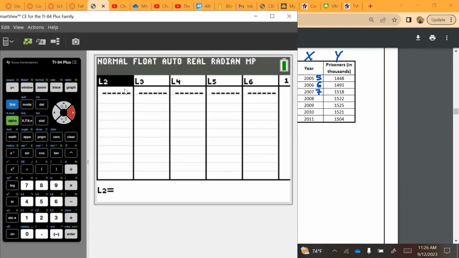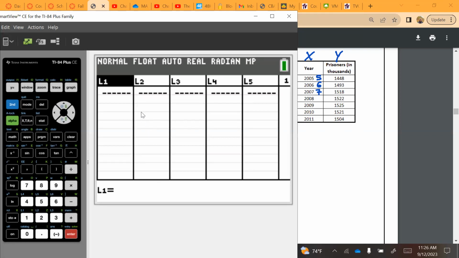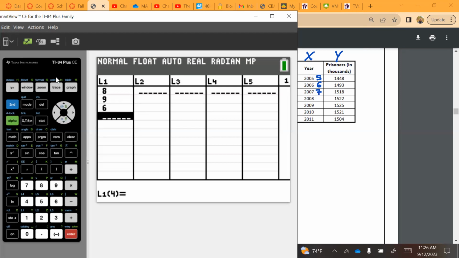So with my cursor on L2, I would go second, insert, to insert a new list. I'm going to call it L1, so I'll go second 1, enter, and now it's back. If there had been any data in there and I deleted it and then brought it back in, the data will still be there.